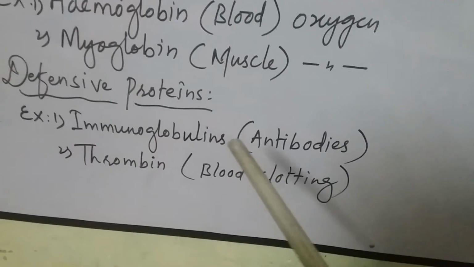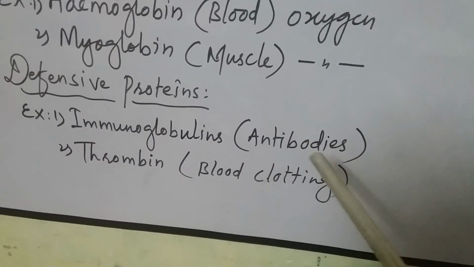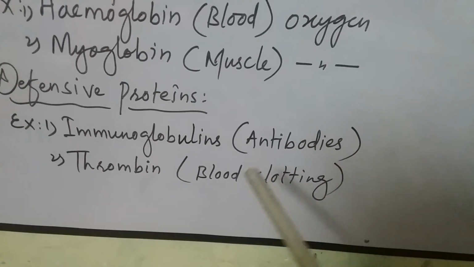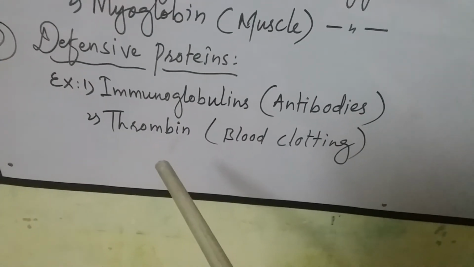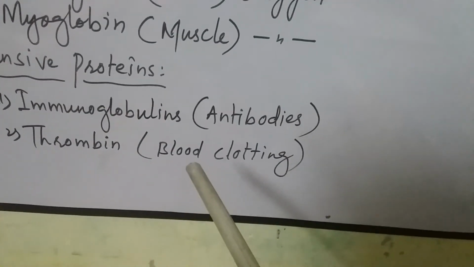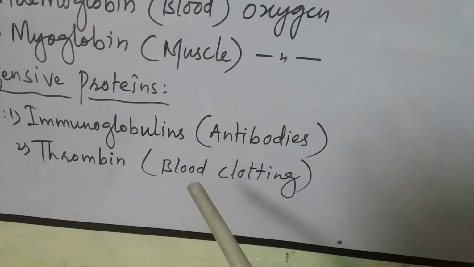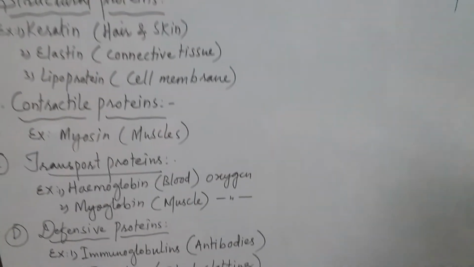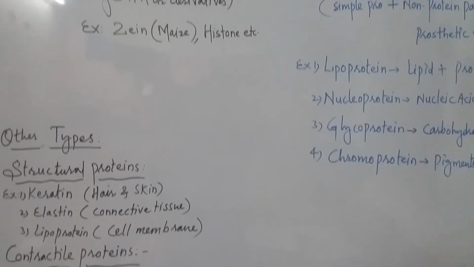Immunoglobulins are nothing but the antibodies which fight against the antigen, that is, foreign harmful particles, and make your body normal. Thrombin is another example of defensive protein, which is used for blood clotting. So friends, this is about protein and its classification and its role.